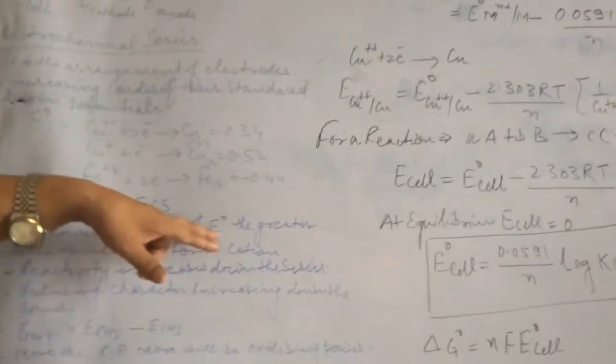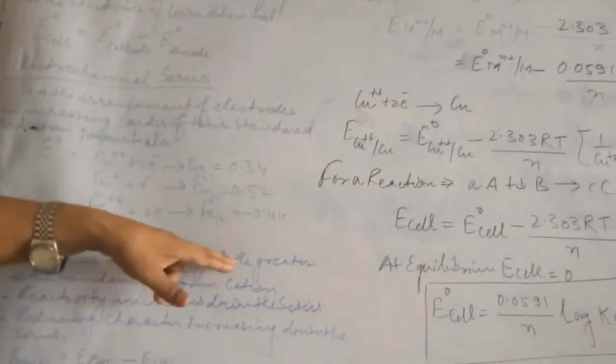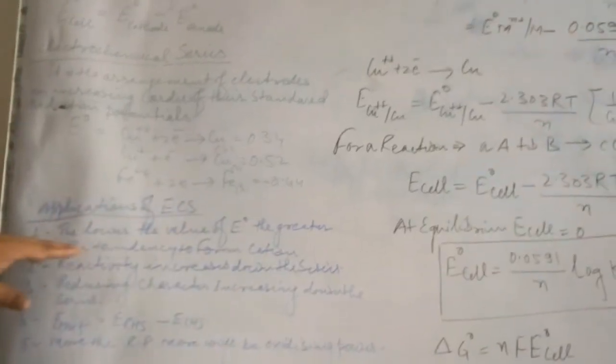Now, the applications of the electrochemical series. The first point: the lower the value of E naught, the greater is the tendency to form cation.